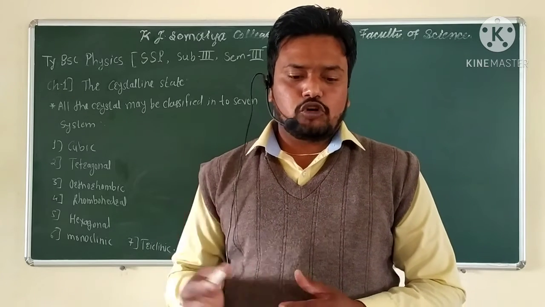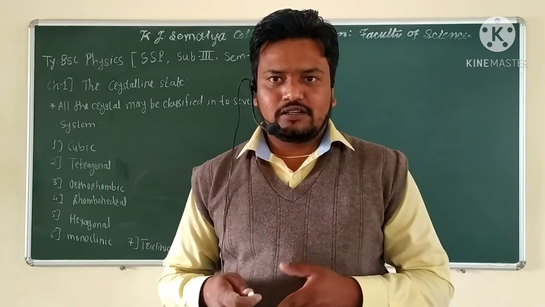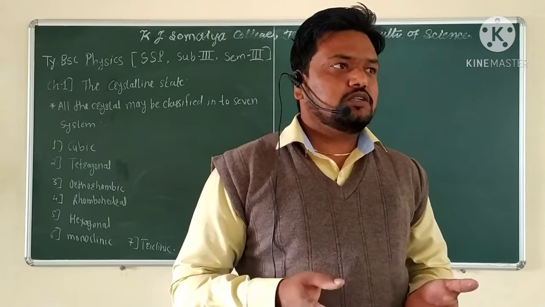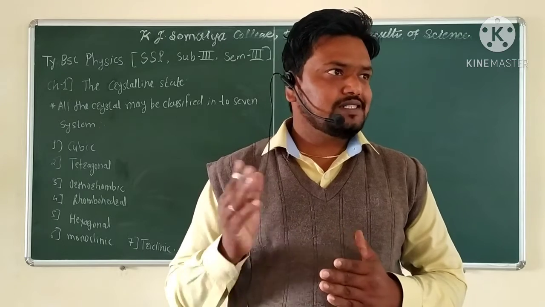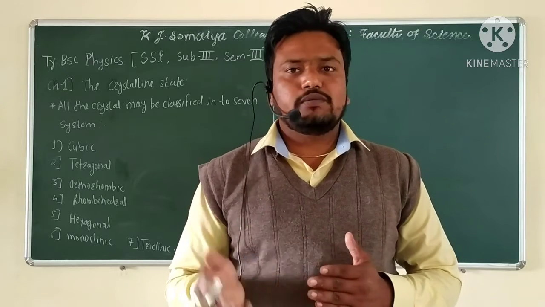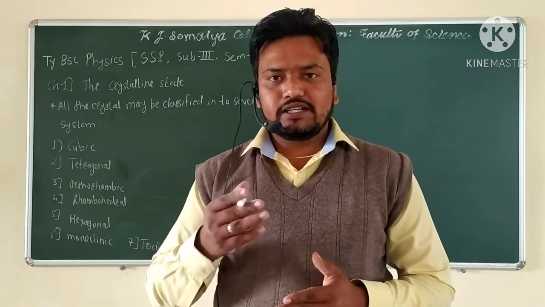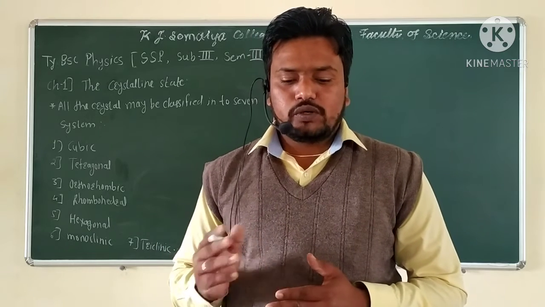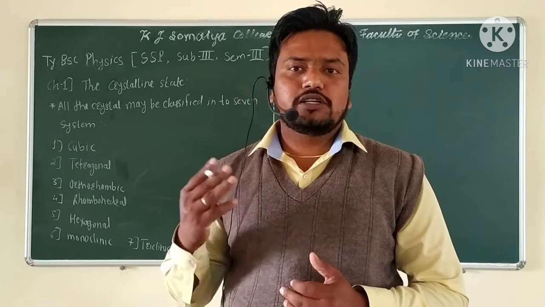We look at the shapes of their unit cells, the condition between the vectors a bar, b bar, c bar, and the angles alpha, beta, and gamma in detail. Now we first see the cubic structure.